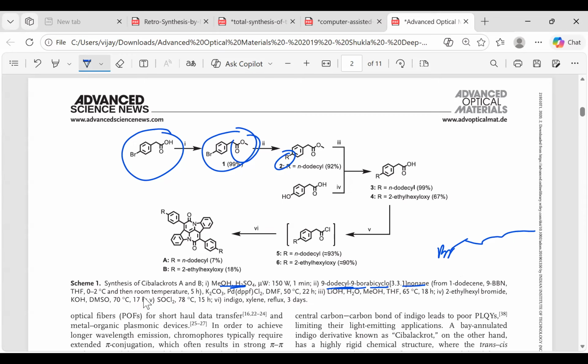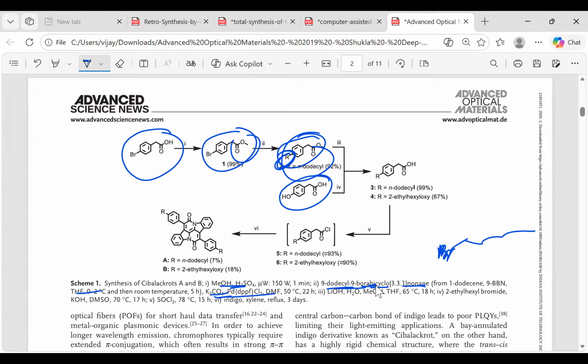The reagent here is the borobicyclo, which is basically a boronic ester. That boronic ester is attached at this position by using this coupling reaction, and then this entire ester and this acid, these two compounds, in the presence of K2CO3, palladium DPPF, are added for this coupling reaction because this is the boronate ester.